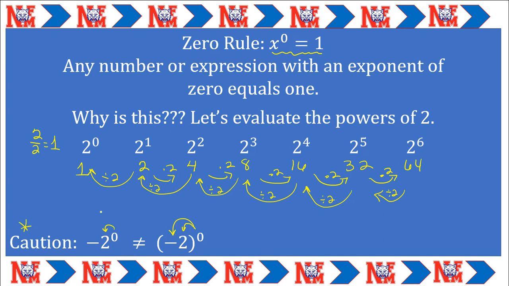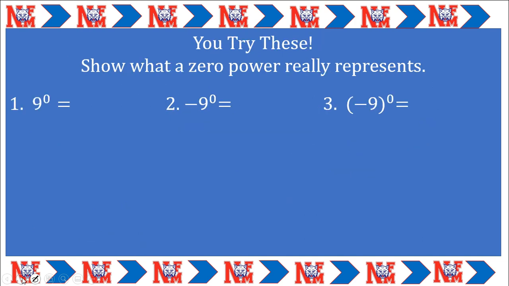So in this example, we have negative 2 over 2. So that's going to give me negative 1. Where in this problem, we're having negative 2 divided by itself because the base is negative 2. And we get the positive 1. So be careful with when we have parentheses and when we're looking at negative numbers.